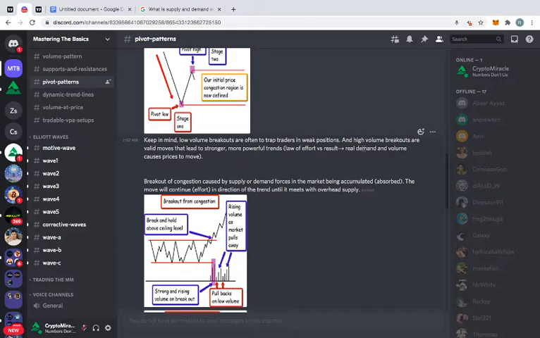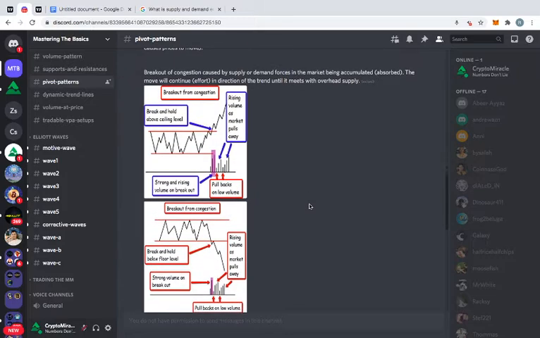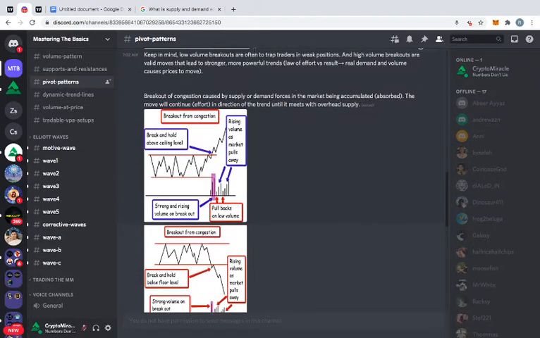Okay, so let's continue here. Breakout of congestion caused by supply or demand. And I believe I made a very recent video explaining how we are going to do it, money flow, money transfers in the crypto space, because TradingView is such a good tool if you know how to use it.